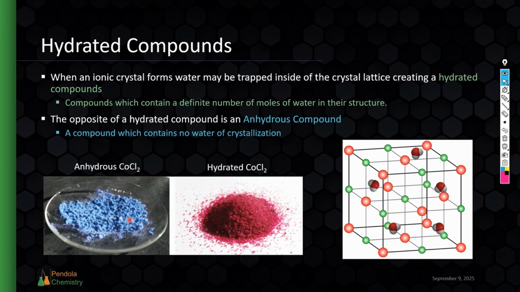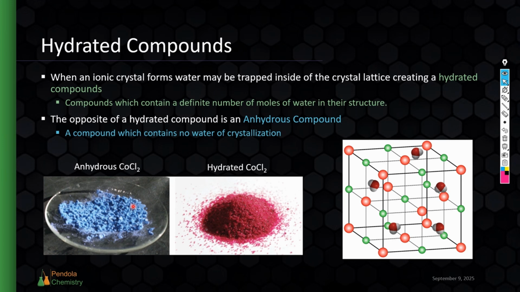You can tell by looking at the pictures that when a compound is hydrated, it can actually change its visual appearance and its color. Anhydrous cobalt-2 chloride is this beautiful blue color, whereas hydrated cobalt-2 chloride is this crimson color. They're the same exact compound.